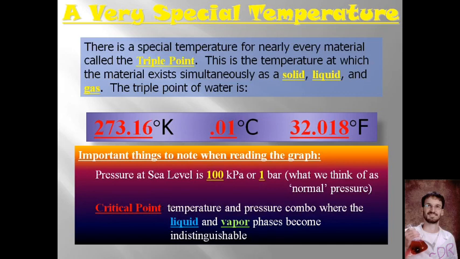So there are two quick check questions that you are going to be answering here on this page using this chart that we're going to look at. On the chart, you'll see that the triple point is listed, but you'll also see something called the critical point. The critical point happens at really extreme temperature and pressure combinations where it's impossible to tell the difference between a liquid and a gas.